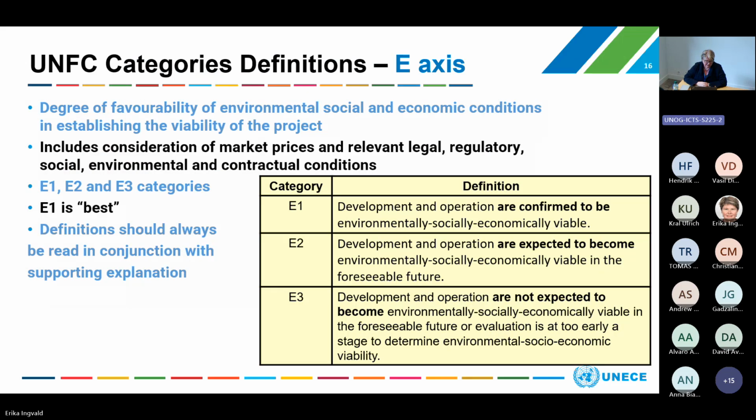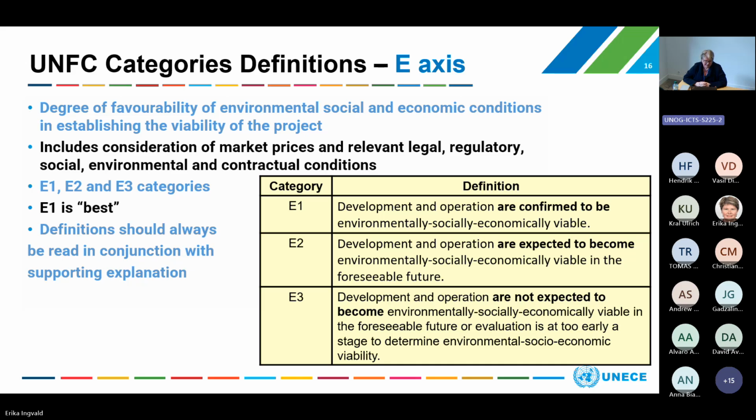Moving forward, just to go a little bit more in depth with the E-axis, you saw on the cube that we had E1, E2, and E3, and E1 is the best, where development and operation are confirmed to be environmentally, socially, economically valuable.